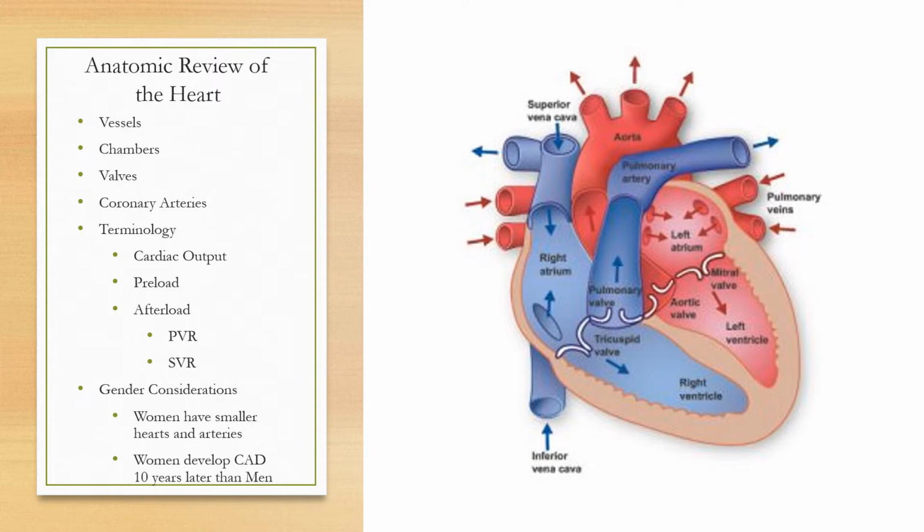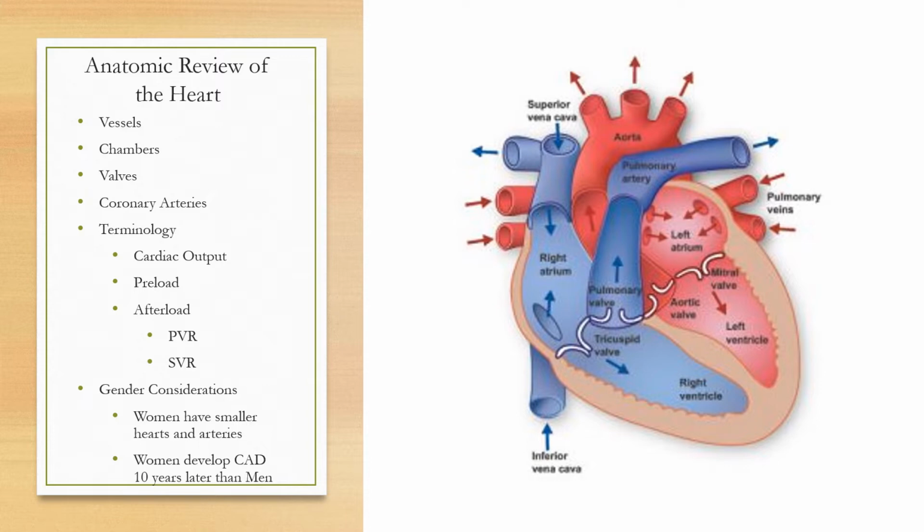Okay. What's preload? The preload is really the pressure and the volume during relaxation of a ventricle. And what's happening during relaxation is blood is returning to the ventricle, say the right ventricle, as it's relaxing, and blood is filling the right ventricle, and it's stretching it, and it's loading it for the next contraction.